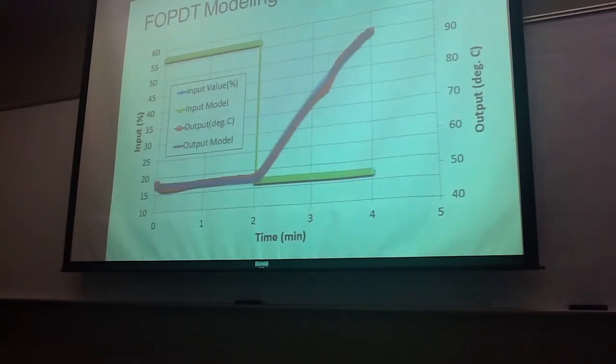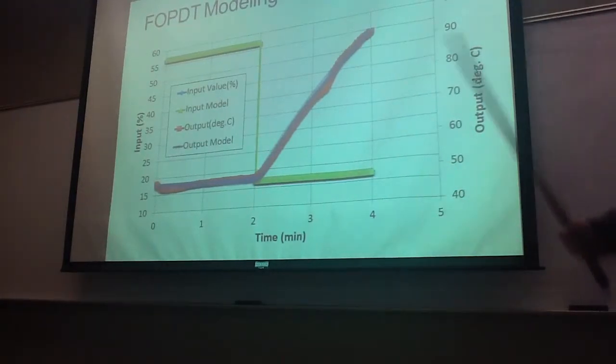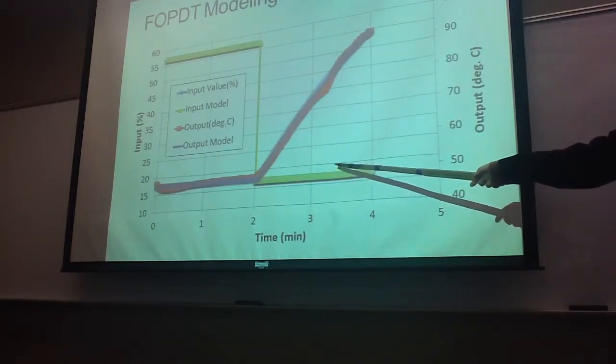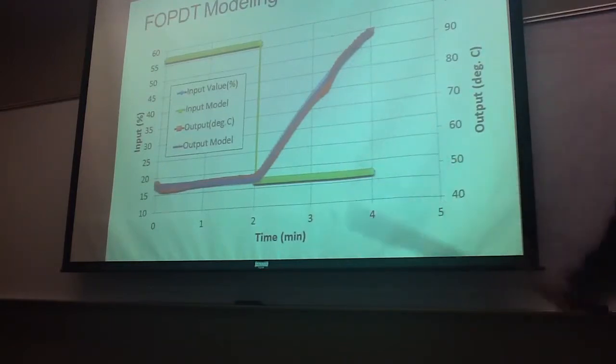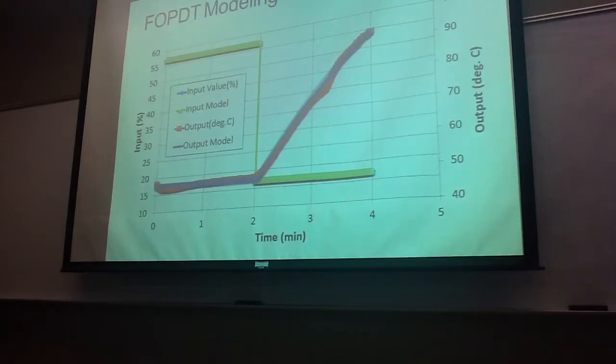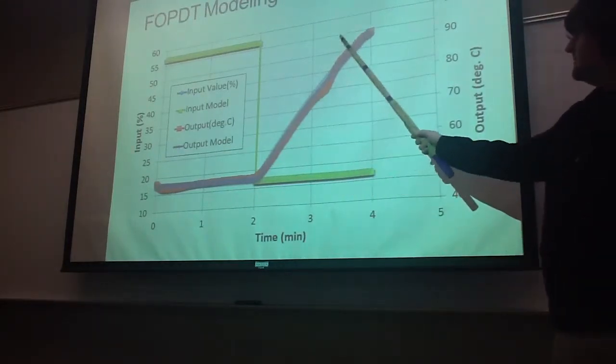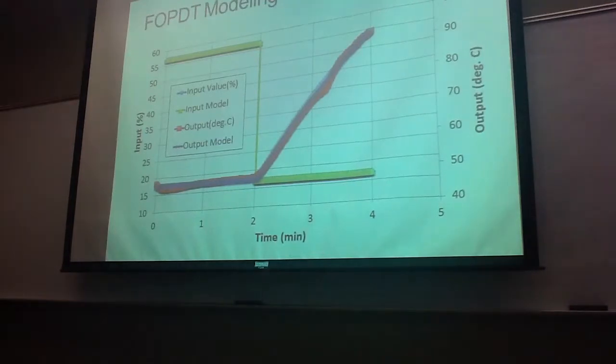And this graph shows one of our models. You can see the model input in green very closely matches the experiment's input, and the model output very closely matches the experimental output.